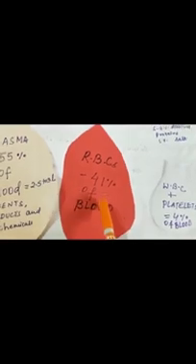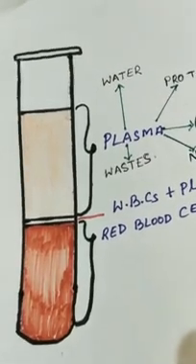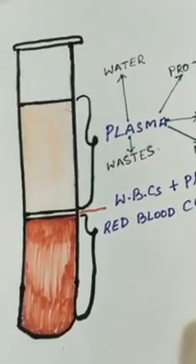Now, after learning about plasma, we'll come to the second biggest part, that is the red blood cells. It has about 41% of blood. Now if you see this diagram, it is the complete diagram of the composition of blood.